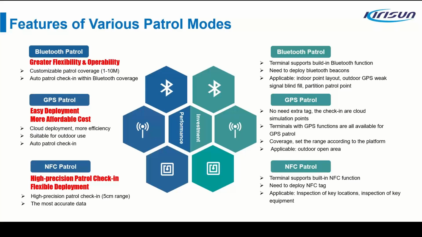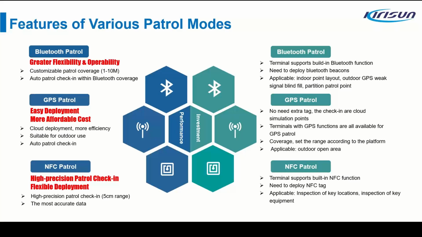Number 2, GPS is suitable for outdoor open areas. It uses GPS positioning to check in. And most terminals support GPS, so there is a wide range of optional terminals.